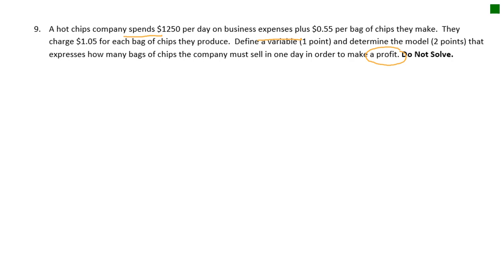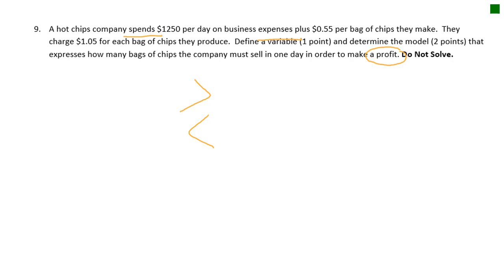So if you want to make a profit, then you want to be using the greater than or less than symbol. Again, on one side you put the total. Well, you can write this inequality in two different ways, and I'll explain it very shortly.